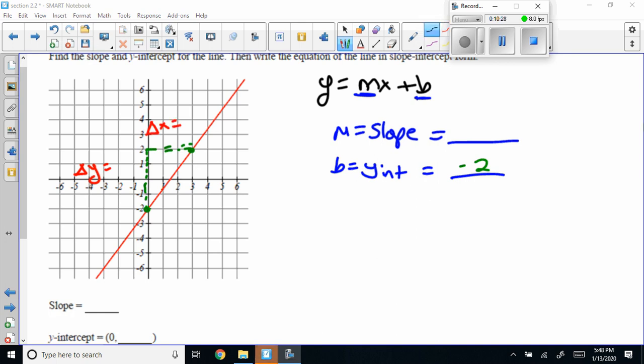We know it's a positive slope. Why? Because it's going up. Be more descriptive than that. We're moving left to right, it is increasing, right? It's going up from left to right. So if I look at this, I'm changing 1, 2, 3, 4.